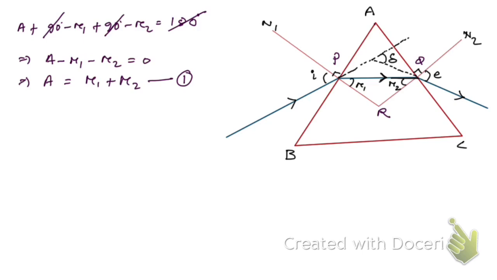Now you see, for minimum deviation, that means the angle of deviation delta must be equal to dm, which is the angle of minimum deviation, okay.